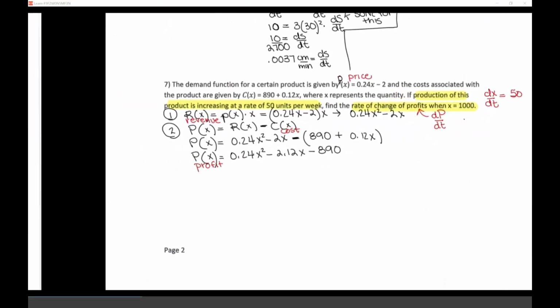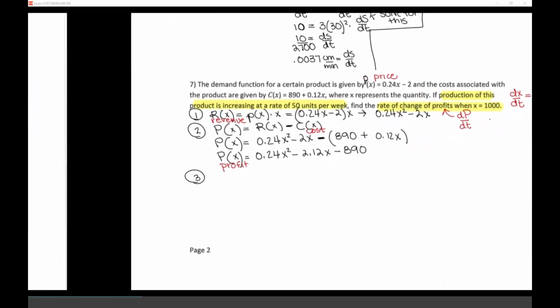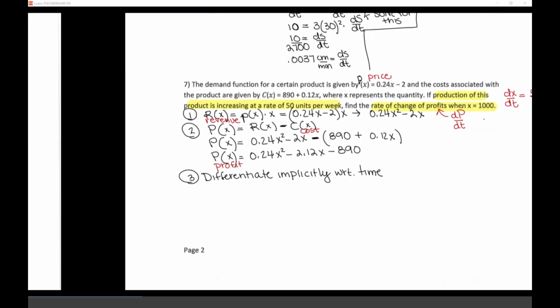Okay, so now let's implicitly differentiate. This side's going to be dP/dt. It'll be P of x, derivative of the outside is 1, the inside is dP/dt. Since I'm doing a related rates problem here, every single term is going to have a dx/dt on it.